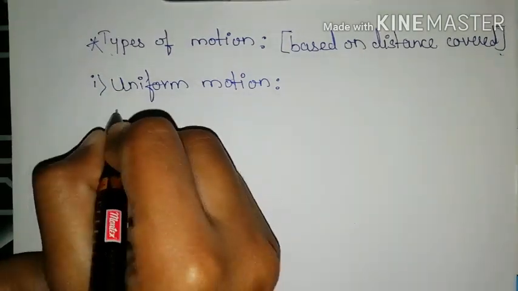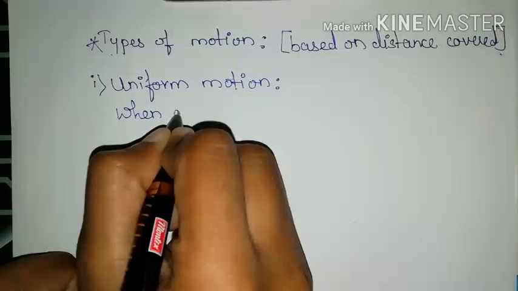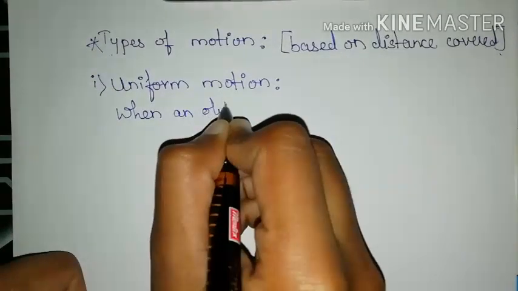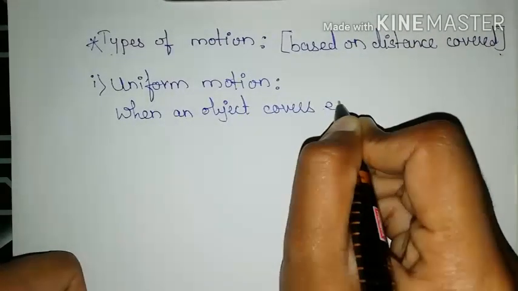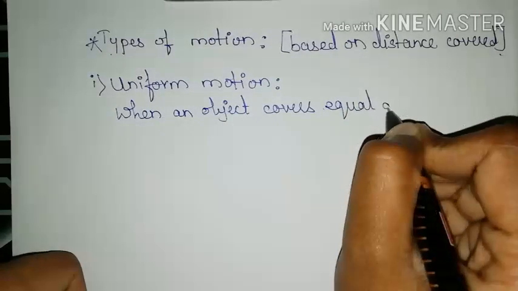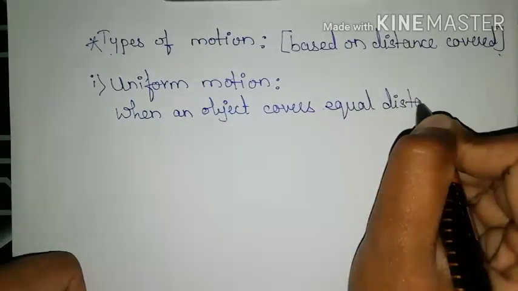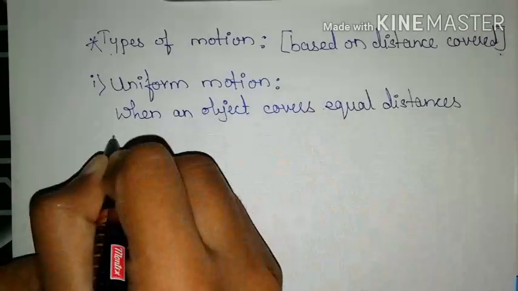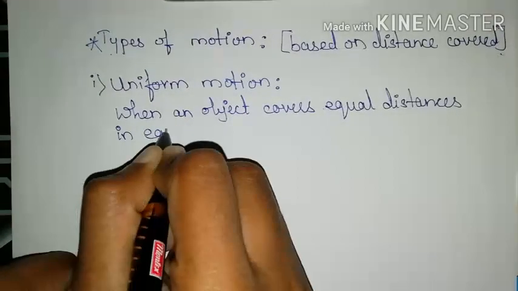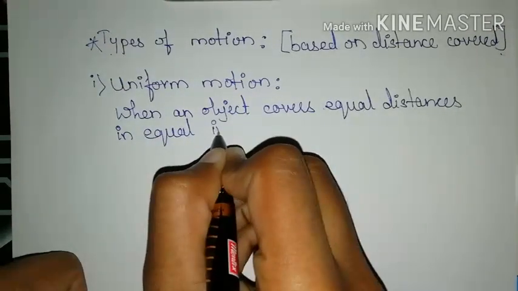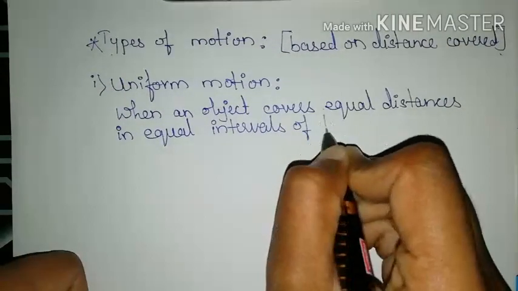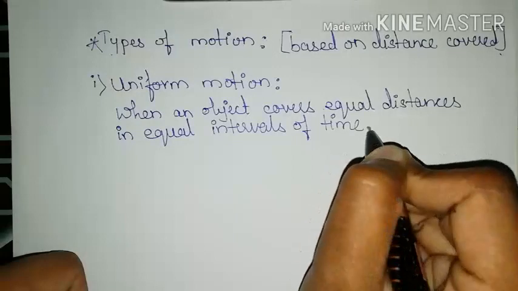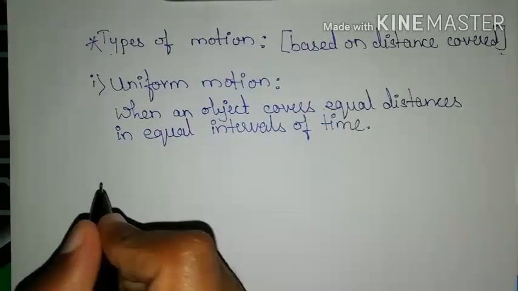Write it down. When an object covers equal distances in equal intervals of time, it is known as uniform motion.